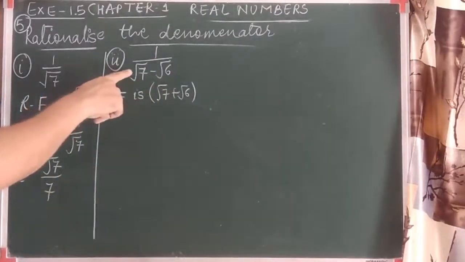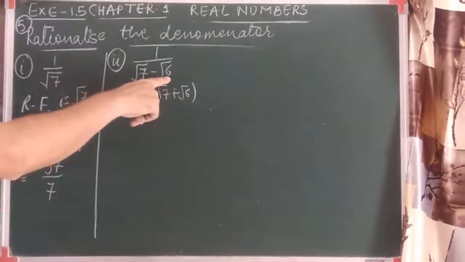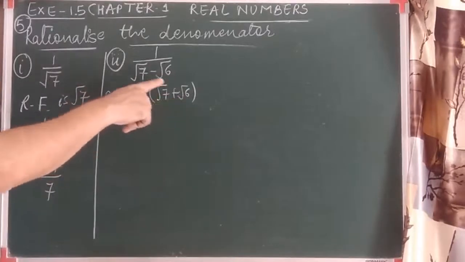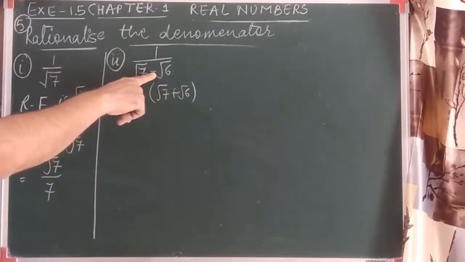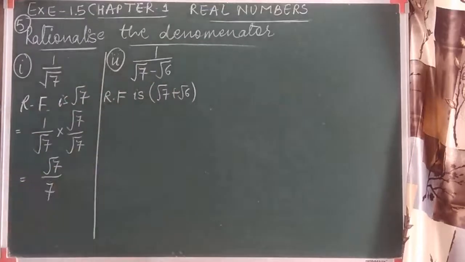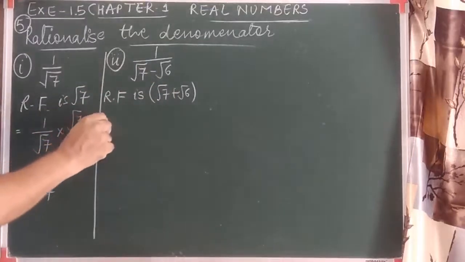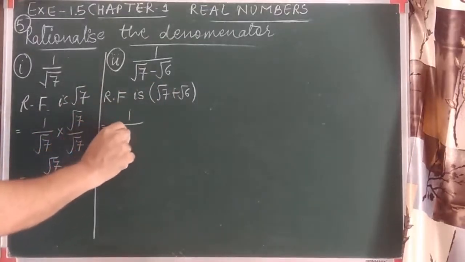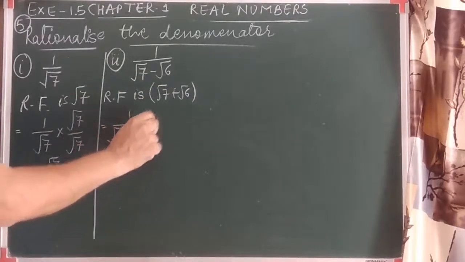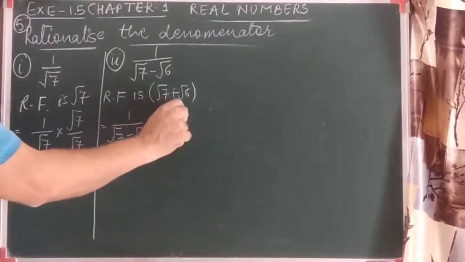How do we come to know this is the rationalizing factor? It's based on the denominator. There are two terms, so there must be two terms. But look at the sign of the middle term, that is minus. So the rationalizing factor would have sign plus. So I multiply and divide with the rationalizing factor, that is root 7 plus root 6.